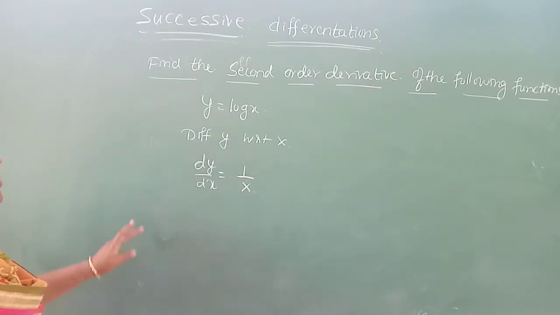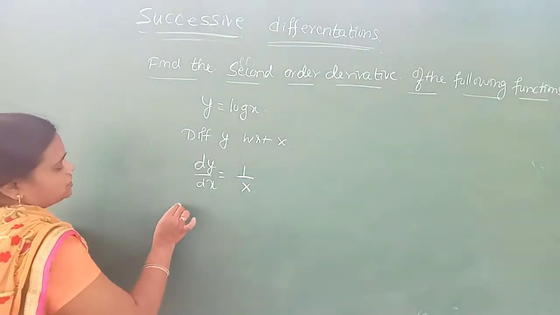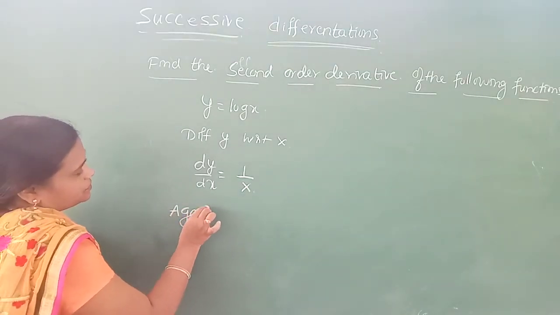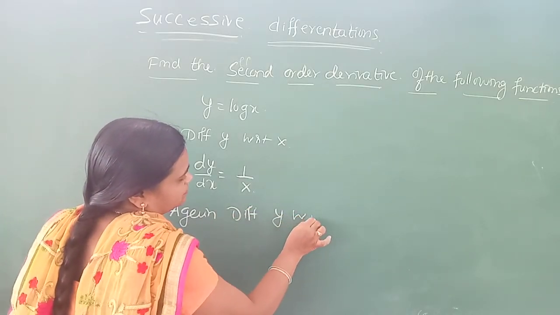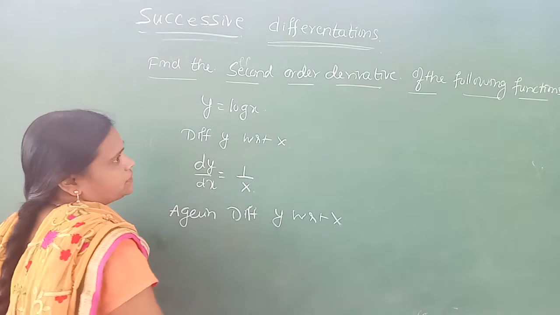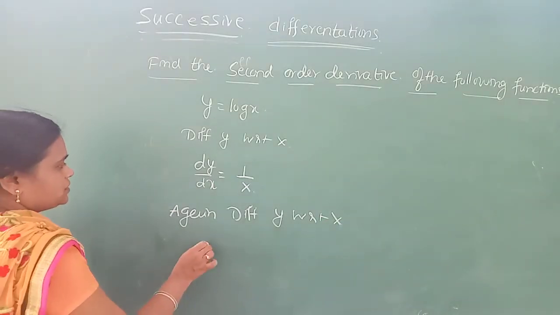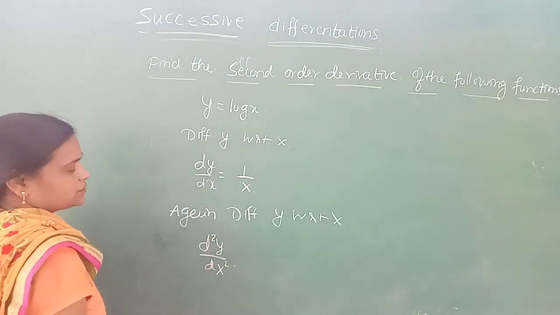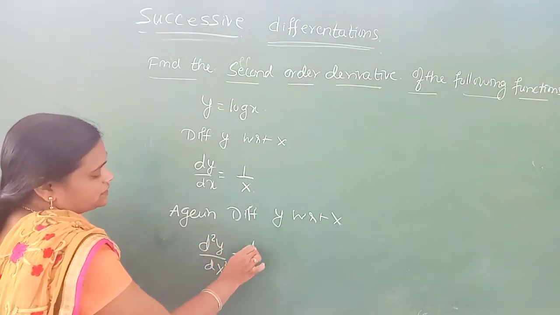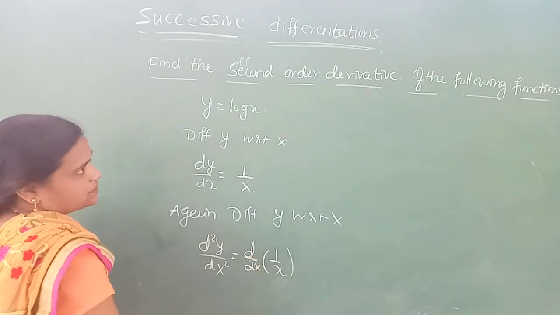Next, how many times is mentioned? 2 times. Therefore, again we do the differentiation. Again differentiate y with respect to x, d2y by dx square, and this is d by dx of 1 by x.